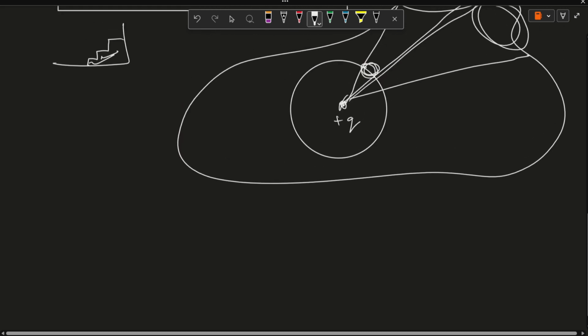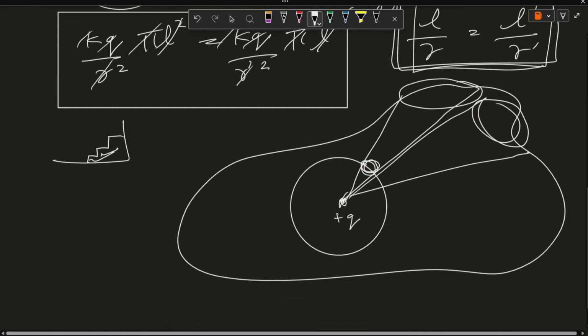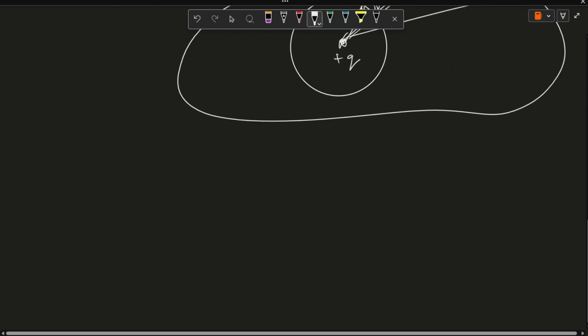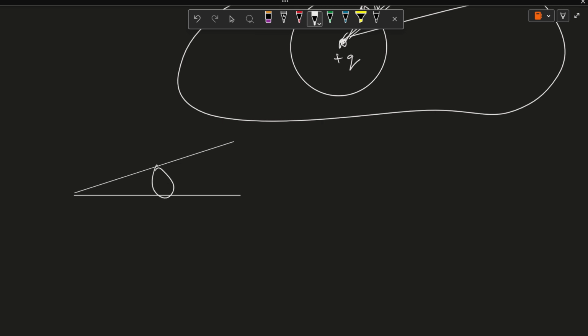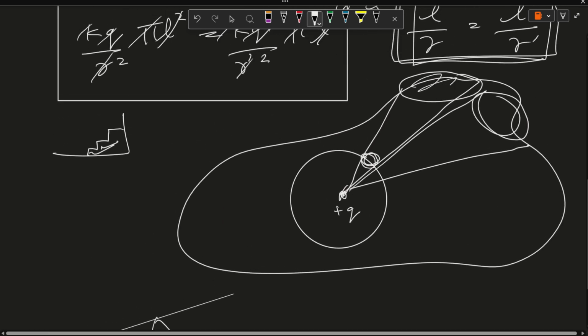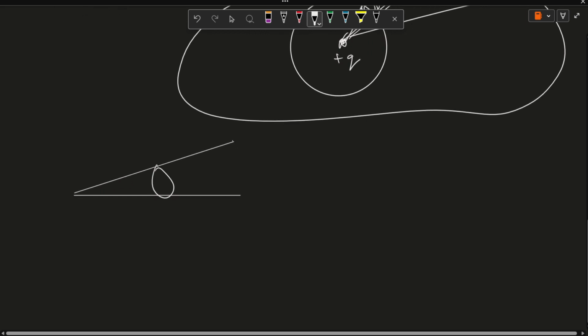Now, the proof is essentially the same, but where you might get stuck is that these are not perfect cones anymore, because the surface here is arbitrary. So what happens is it is a shape like this, somewhat like this.